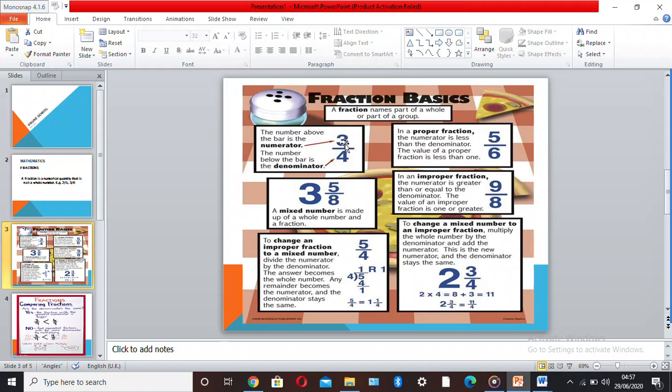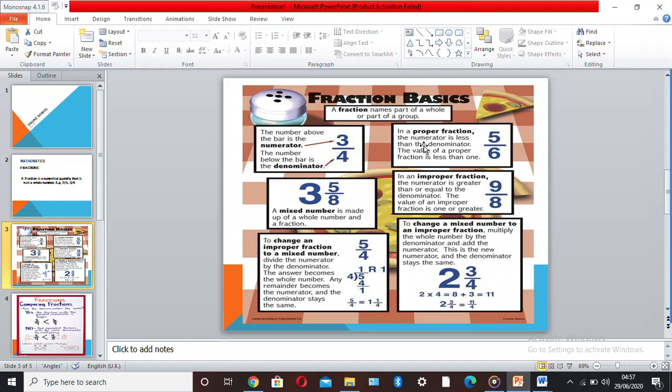The number below is called the denominator. So 3 is our numerator, while the number 4 below the bar is our denominator.